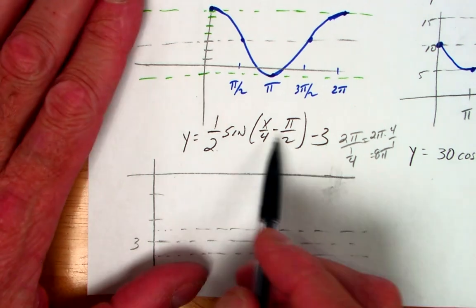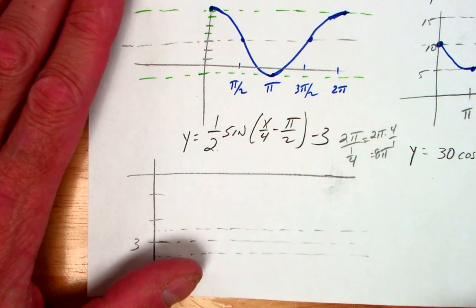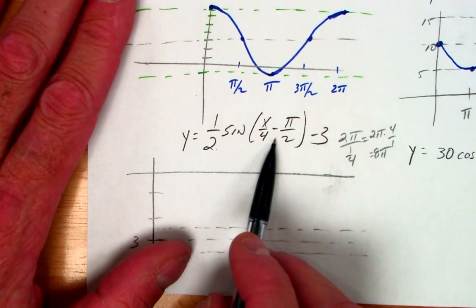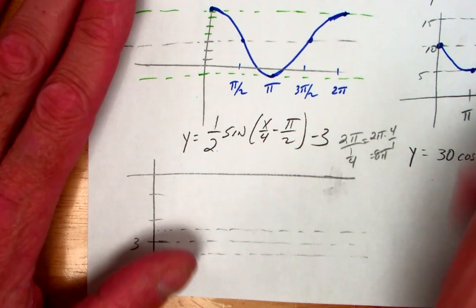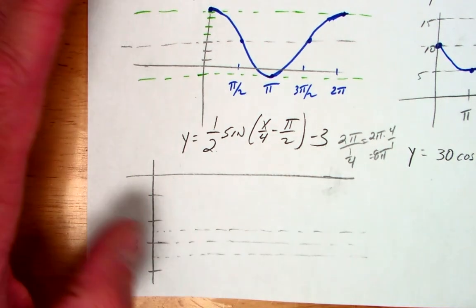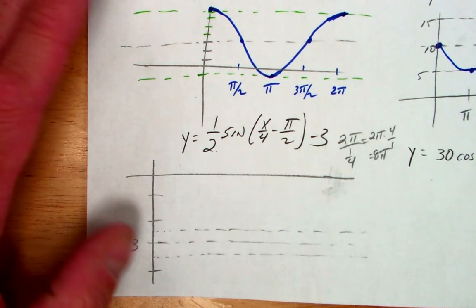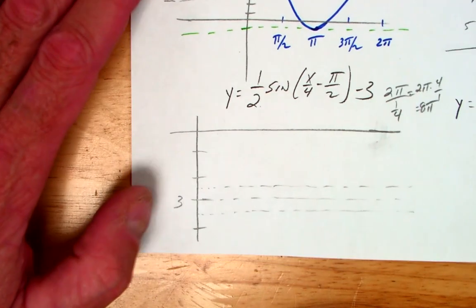Okay? So now we got to do something else. My phase shift. My phase shift is negative c over b. Let's just kind of squeeze this in over here.